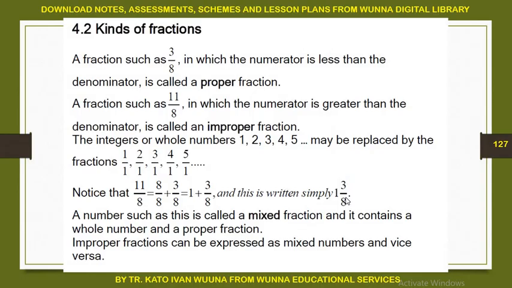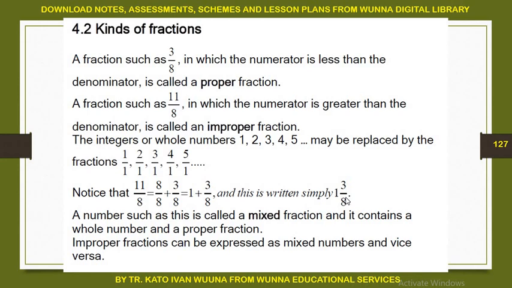Since it is not in line with the principles of mathematics to express fractions as improper, we shall always change the improper fractions to our third type, which is the mixed fraction.